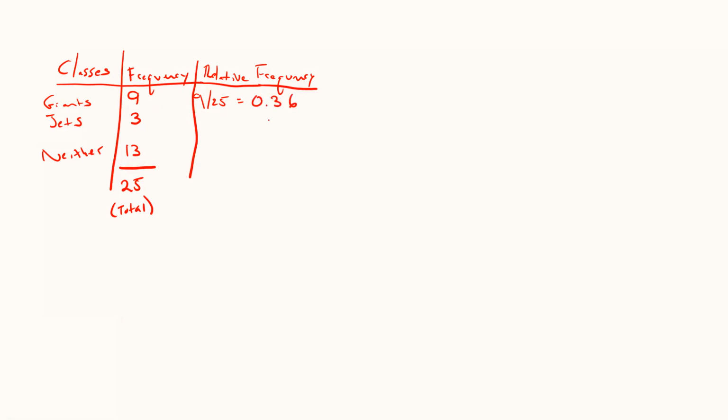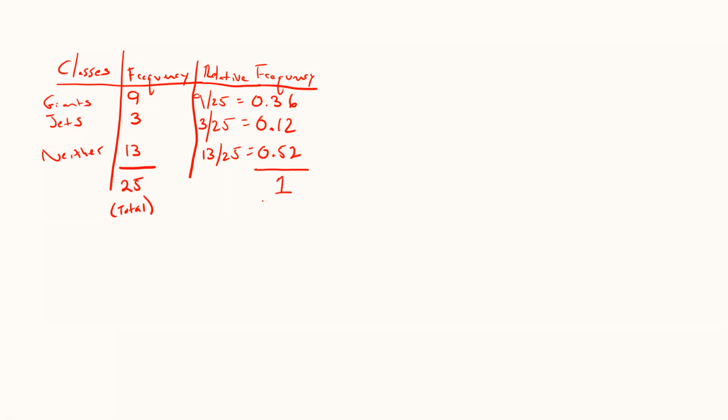Did I do that correctly? Yep, thank you. Then find the proportion of people who said they were Jets fans, you would take 3, you would divide it by 25, you would get 0.12, I believe. And then to find the proportion of people who said they were neither, you would take 13, divide it by 25, I believe you would get 0.52. Yeah, thank you. And if you check here, we didn't have to round anything, actually, it worked out perfectly.